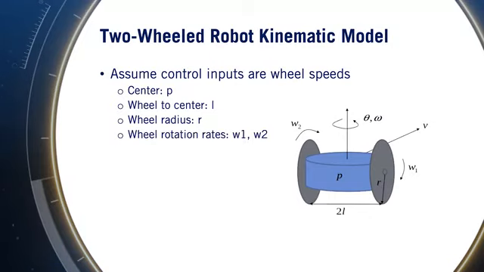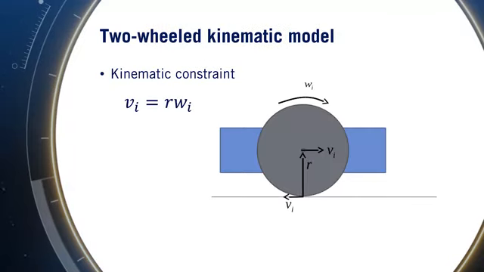W1 and W2 are the left and right wheel angular speeds. The velocity of the robot at each wheel is the radius of the wheel times its rotational velocity. So v_i equals R times w_i, and we can do this by assuming no slip between the wheel and the surface.